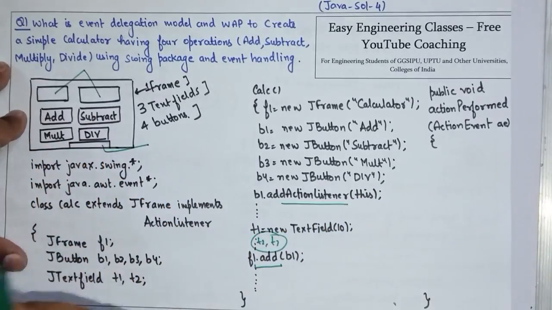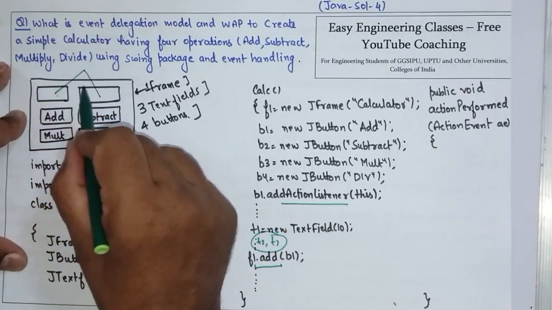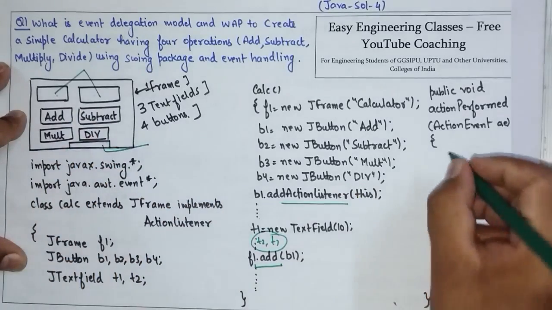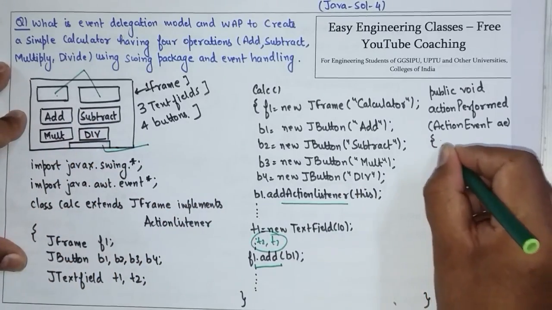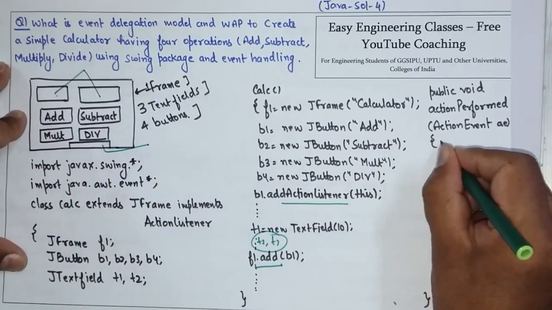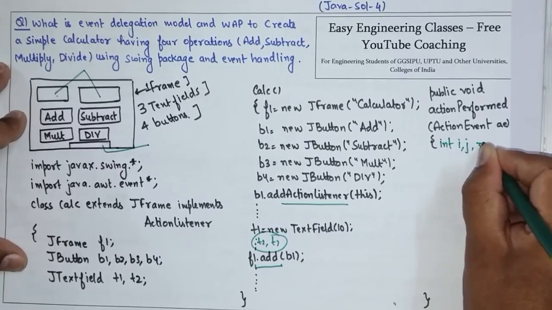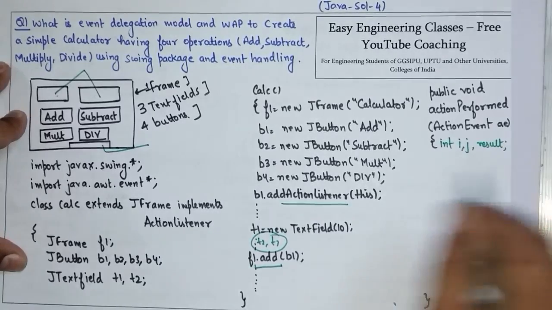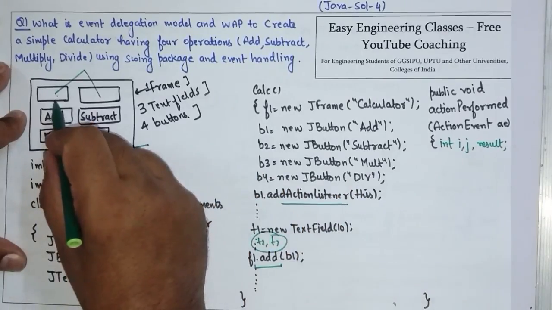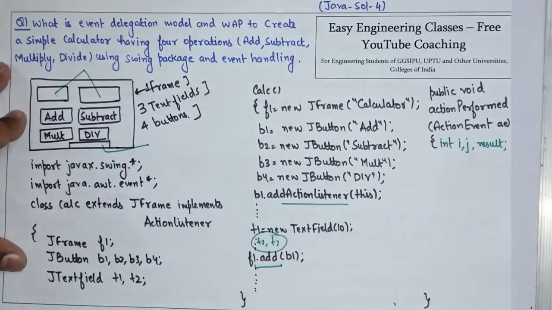So what I need first is the values entered by the user in these two text fields. So create three variables of type int, suppose int i, j and result. i is for the first text field, j is for the second and result is for the last text field.